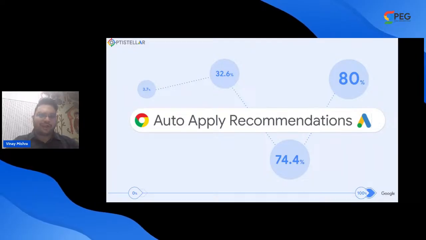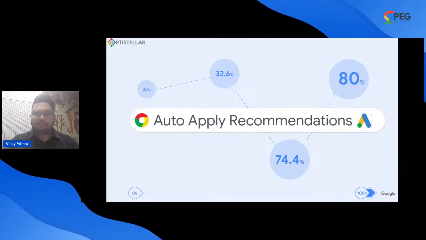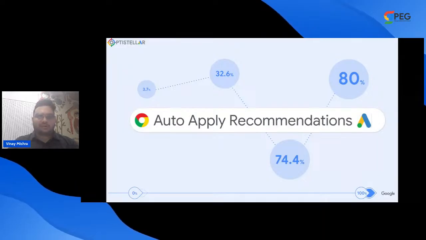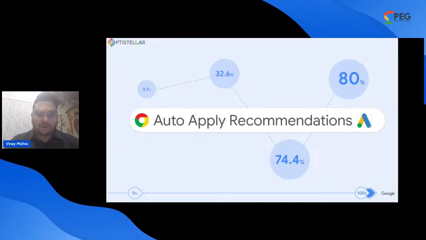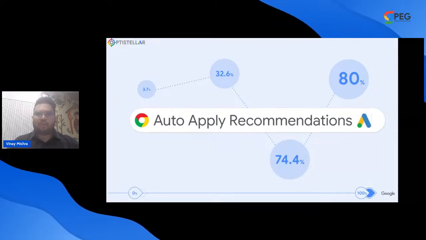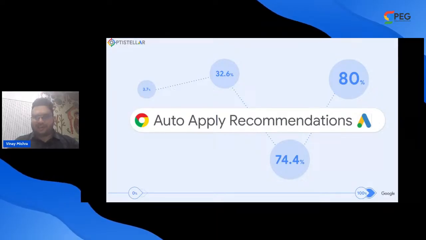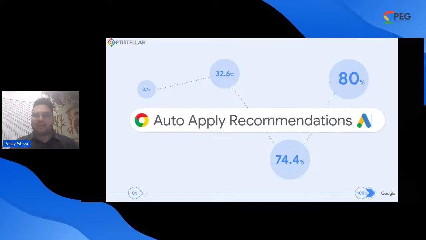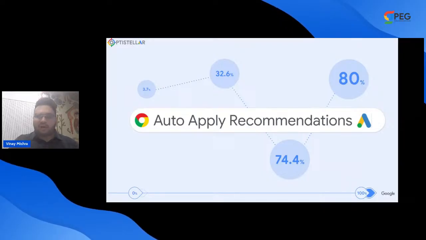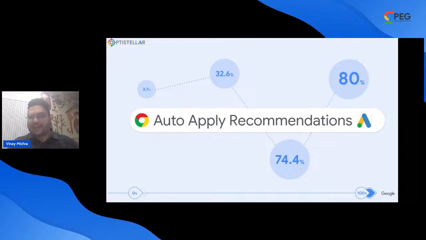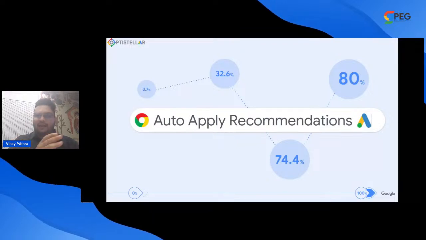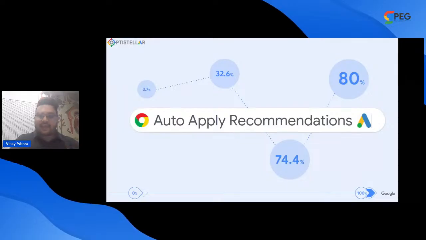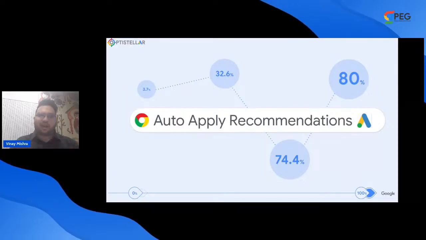Thank you, Vasanti, for taking us through the important topics about the optimization score and how it works. Let us now talk about auto apply recommendations. We've learned that the optimization score is strategically designed and personalized to a particular account.